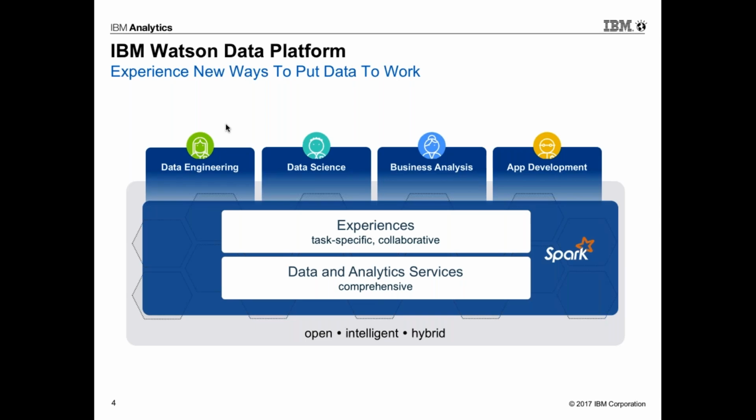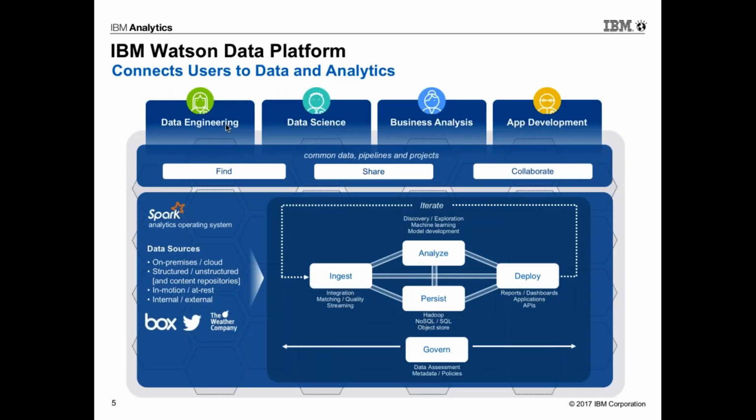Combining all these, we can have a task-specific and collaborative experience on the Data Science Experience tool. It's a comprehensive service for providing data and analytics. It's open, intelligent, and hybrid. There's a Spark kernel on which it operates. It's a new way to put data to work and connects users to data and analytics.